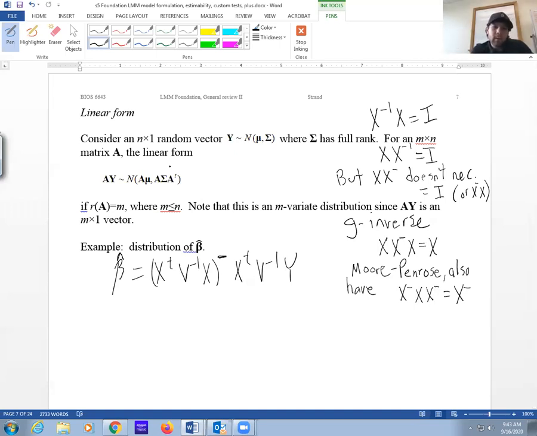Well, we may do that, but before we are even concerned about that, we have to figure out how this linear form result is going to apply to this quantity, right? Any thoughts on that?